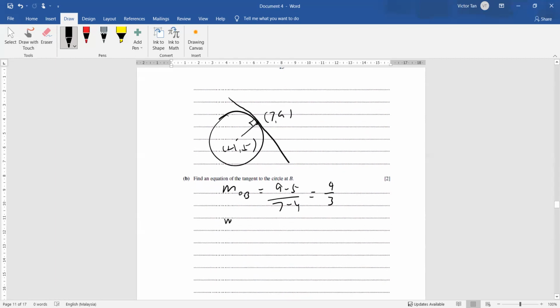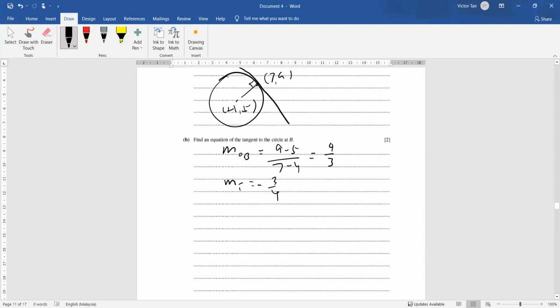So the gradient of the tangent is minus 3 over 4, which is the negative reciprocal. So the equation of the tangent is y minus y1 equals m times x minus x1.